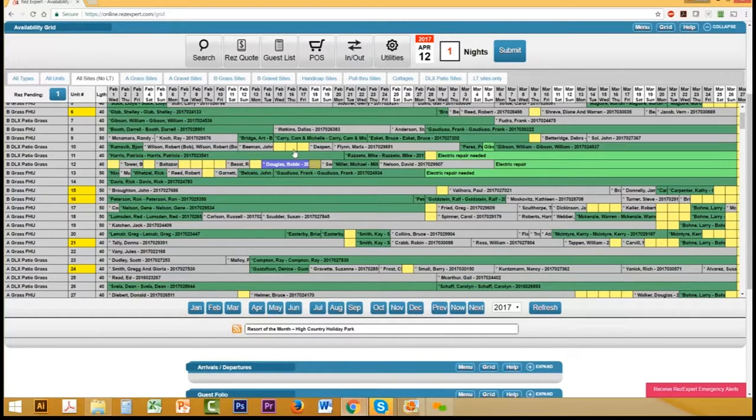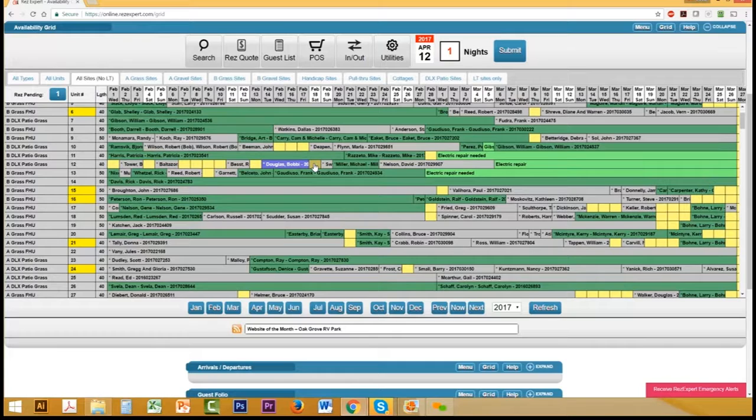Well, all these people are already locked in, but if I didn't have those locked in, the availability would tell me that I have a B Deluxe grass available the 15th to the 18th, checking out on the 19th, right? Yeah. And so it would move it around. It would move every reservation I have to get that new reservation in where it belongs.